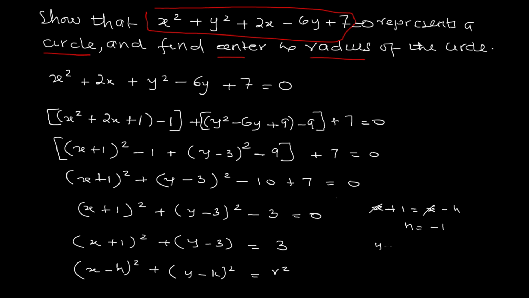I can do y minus k is equal to y minus 3. These two cancel out, and then the negatives take care of themselves. Then we'll have k is equal to 3, right? Then the other one, r squared is equal to 3. We said we apply the same concept on both sides. So we have r is equal to root 3.